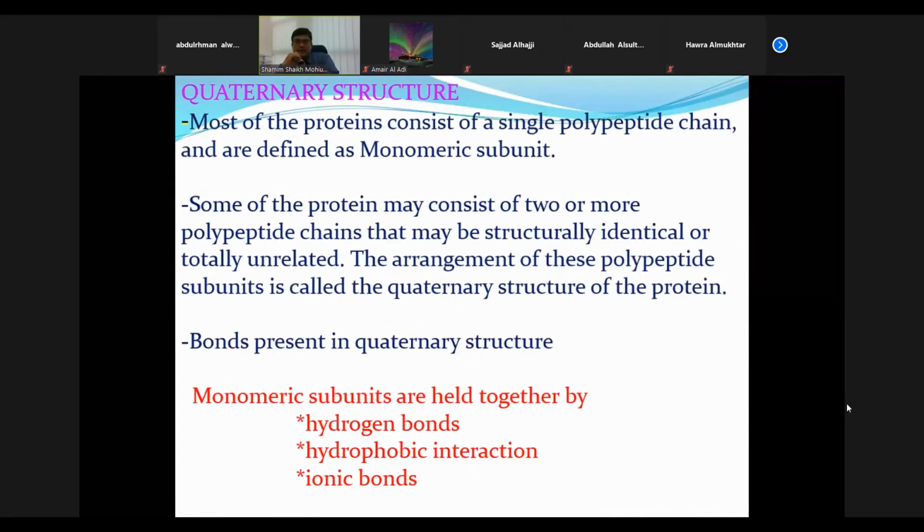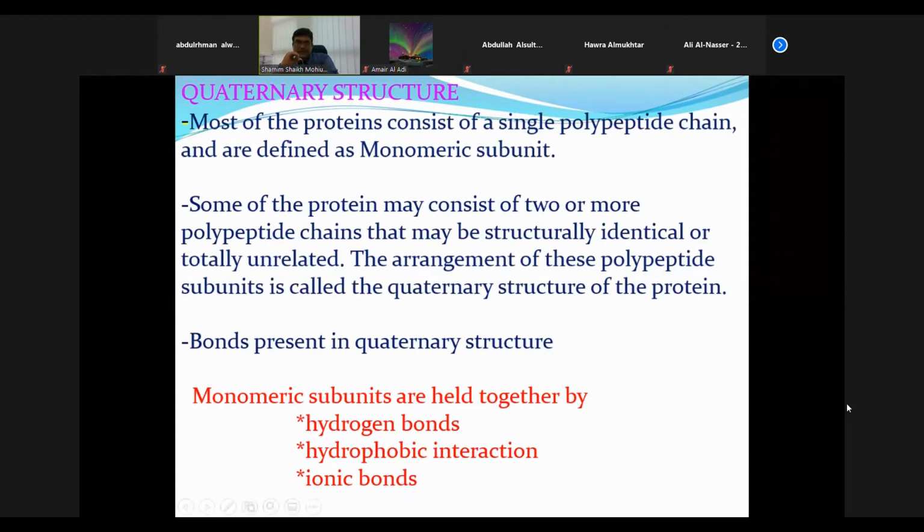Okay, now come to quaternary. I told you last day, what is the meaning of quaternary? Group of tertiary, two or more. Very good. So two or more tertiary structures come side by side, joined together, and you get a quaternary structure.